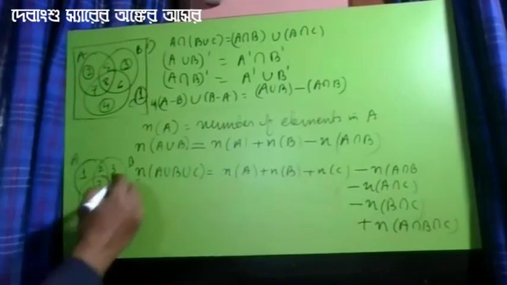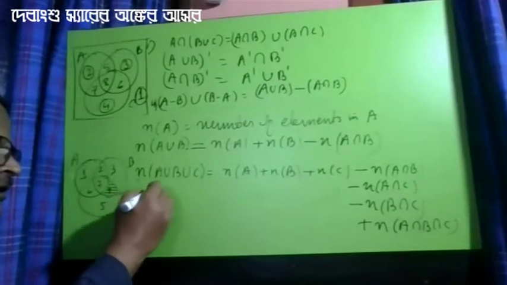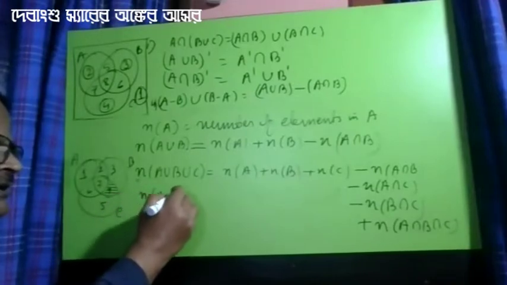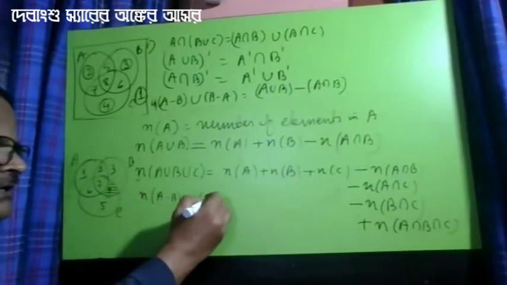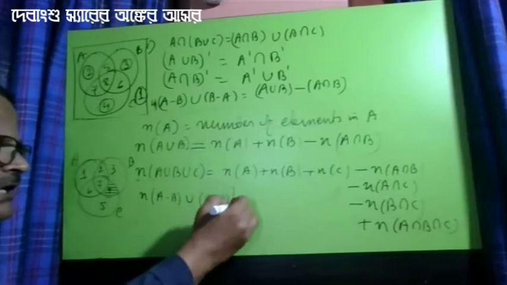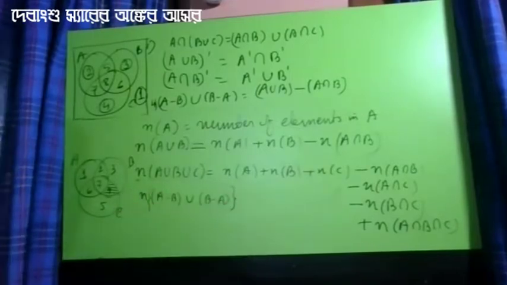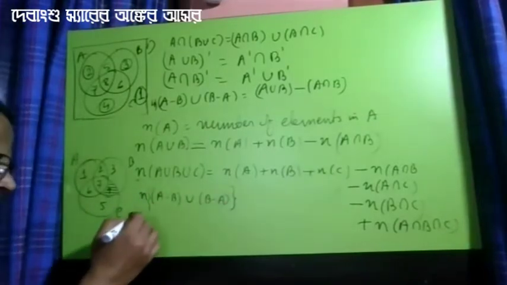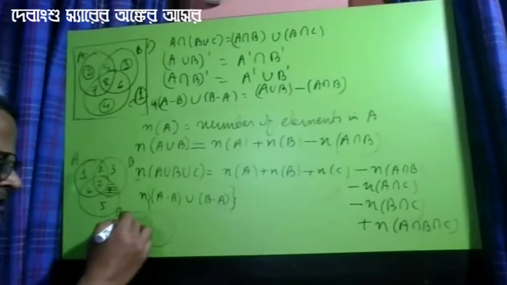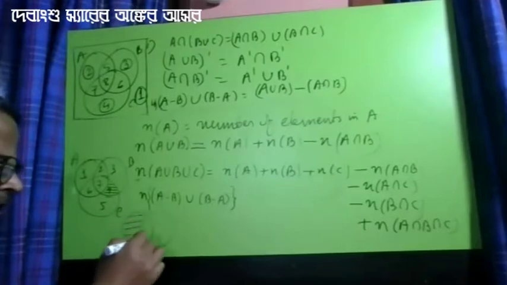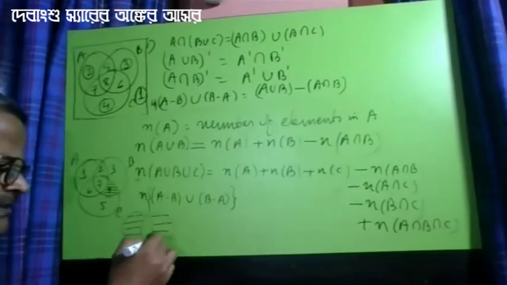For example, let n of (A minus B) union (B minus C). We are going to calculate n of this, A minus B, B minus C. We know that A minus B is this portion and B minus A is this portion.